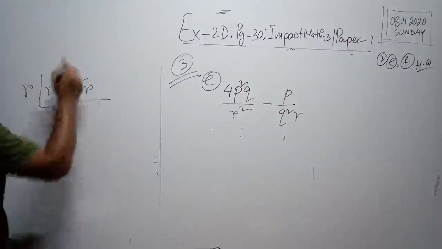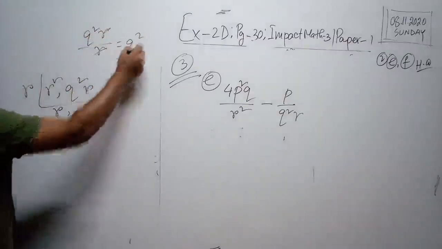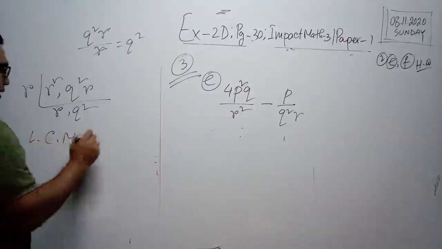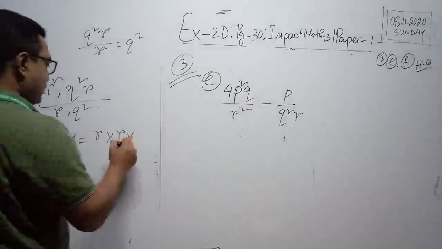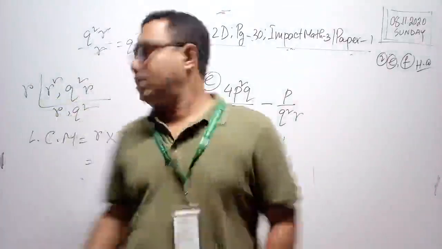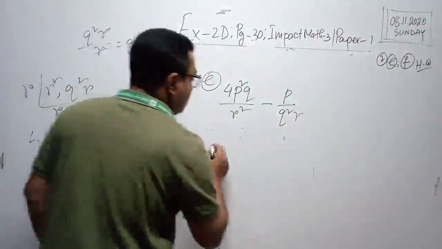Then q square r divided by r, we have q square. Then LCM is equal to r square q square.